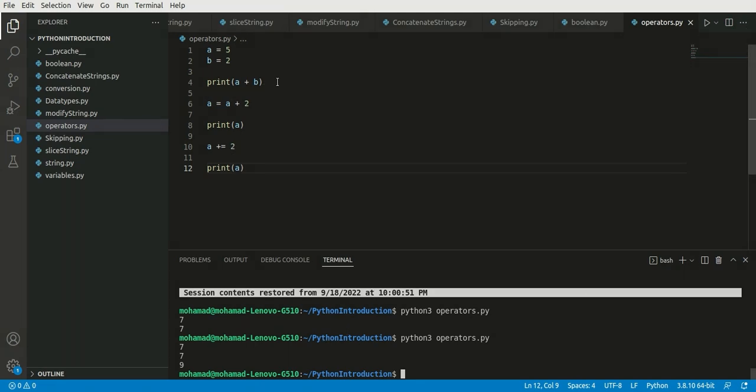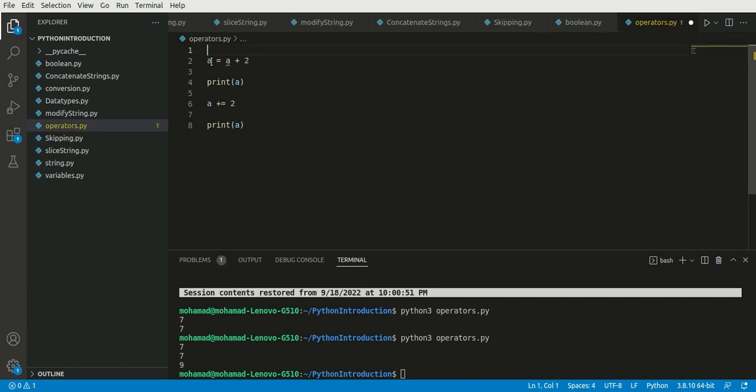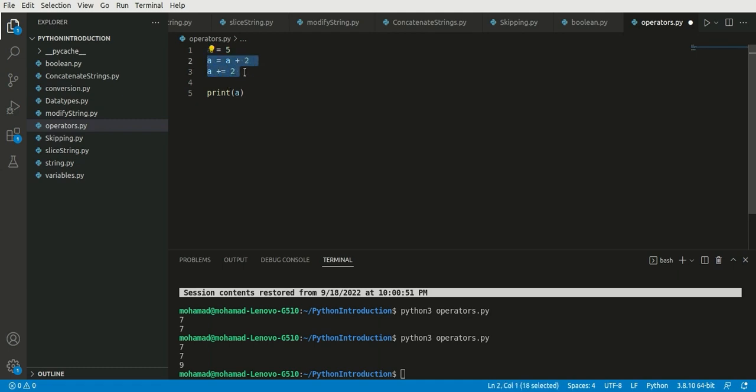So now let me just remove this part because it's very obvious. And we had A equals 5, so let me keep that. Also we can remove print A.